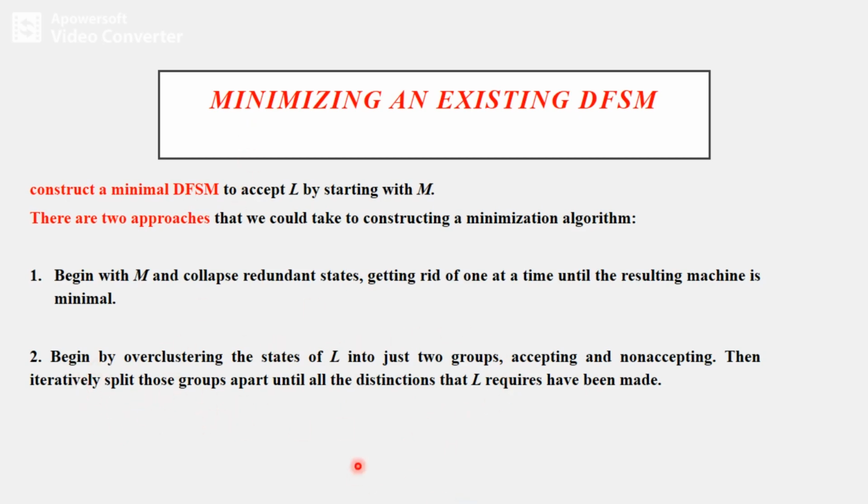In this session, I am going to explain an example of minimizing an existing DFSM using the second approach. Both approaches work, but we'll present an algorithm that takes the second one. I'm going to solve this with an example.